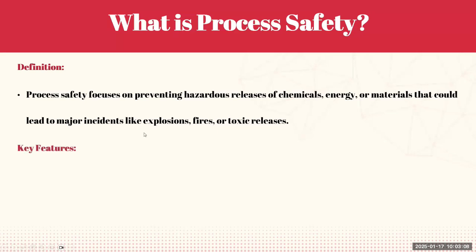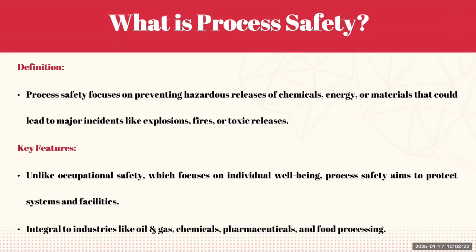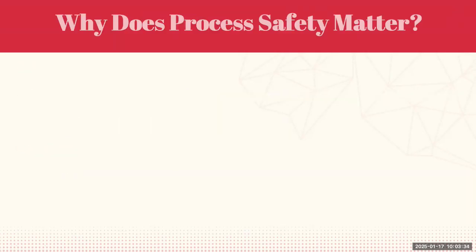Unlike occupational safety, which focuses on individual well-being, process safety aims to protect systems and facilities. This is important in several industries like oil and gas, chemicals, pharmaceuticals, and food processing. Basically, in any process plant that exists, there needs to be proper process safety measures in place.